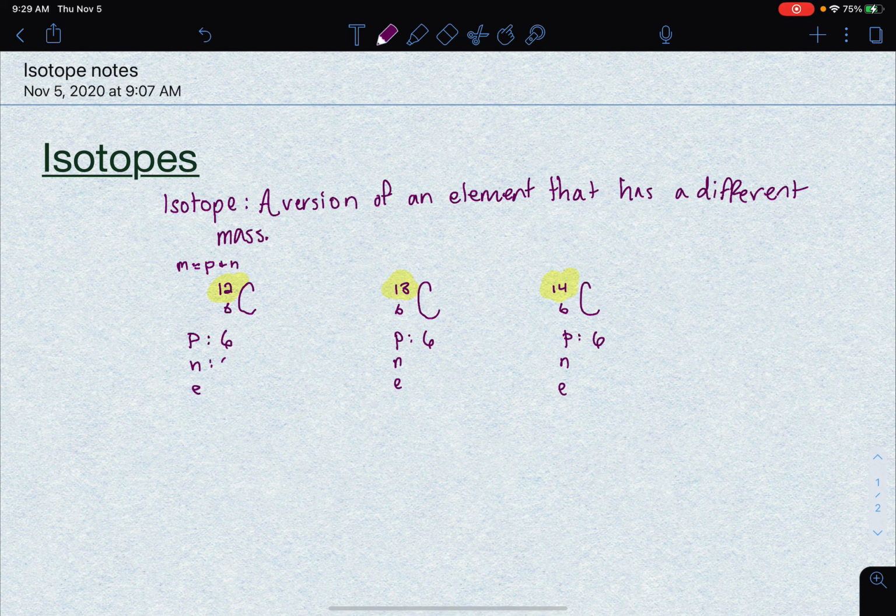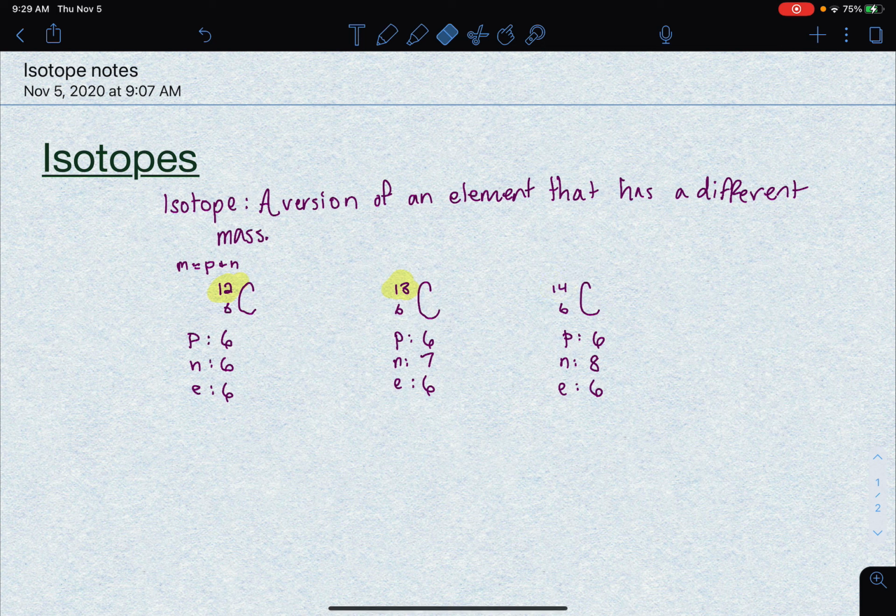Our first atom has a total of 6 neutrons because my mass number is 12, and I know that 6 plus 6 is 12. My second isotope has 7 neutrons because they have to add to 13. And my third isotope has 8 neutrons because it has to add to 14. All 3 of these are neutral, so they're all going to have 6 electrons.